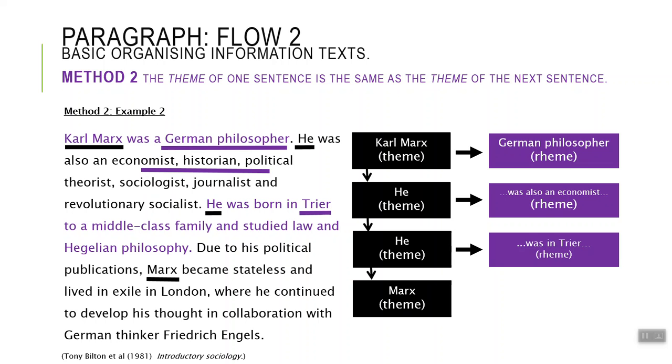Due to his political publication, this is like a little pre-introduction, Marx became stateless and lived in exile in London, where he continued to develop his thought in collaboration with German thinker Friedrich Engels. So you can see very clearly the theme is only about one thing.